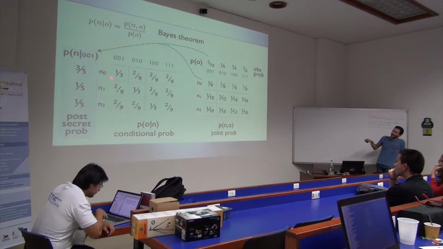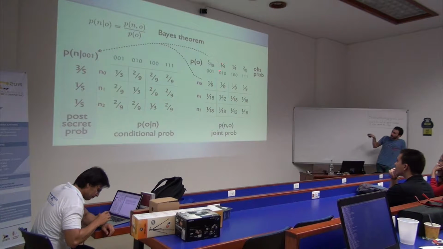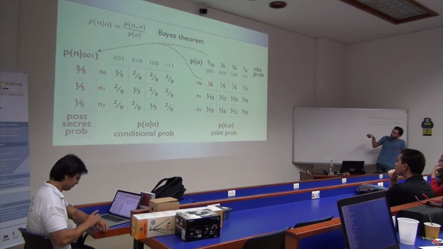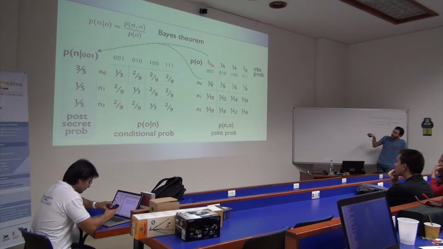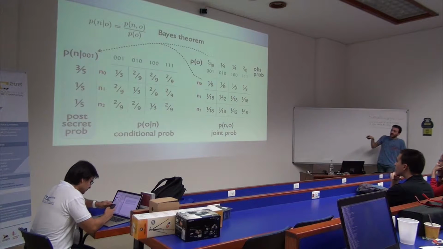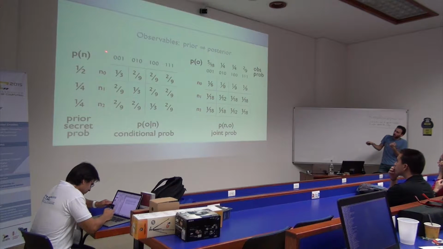And then when I see the specific output, now I'm focusing on a single output here, I'm going to take each one of these values of the column and divide it by this number here, and this gives me how likely every user is after the observation. And we see that these two users, because I'm focusing on this observation, and because this observation happens more often from this user than from these users, the probability of Frank here producing 001 is higher than the other two guys.